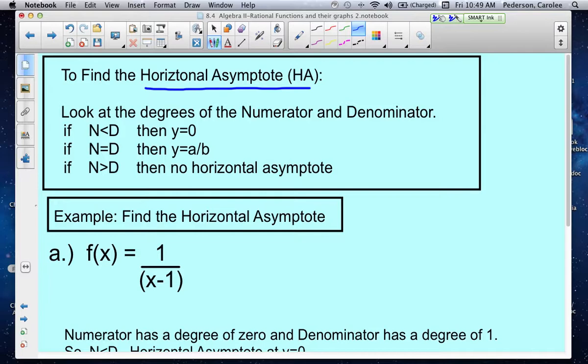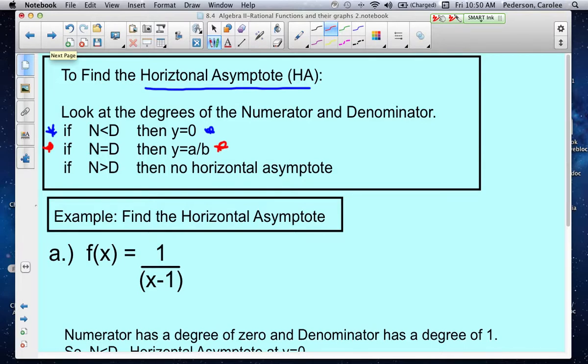The first scenario is if the degree of the numerator is smaller than the degree of the denominator. Then you would have a horizontal line at y equals 0. That y kind of got cut off there. If the degree of the numerator and the degree of the denominator are equal, then you have to divide their leading coefficients.